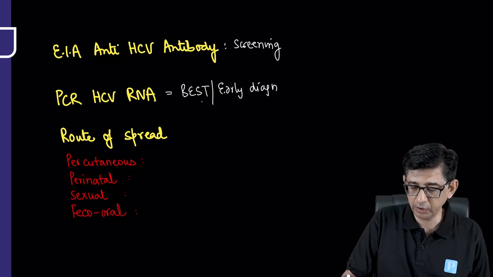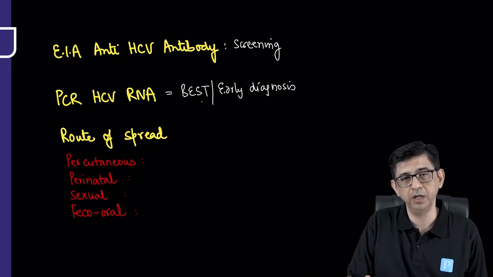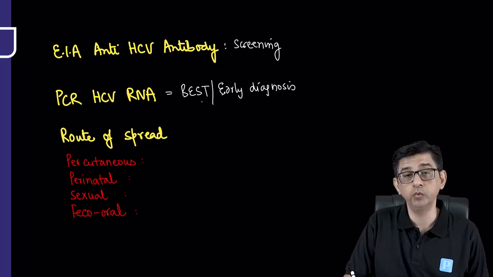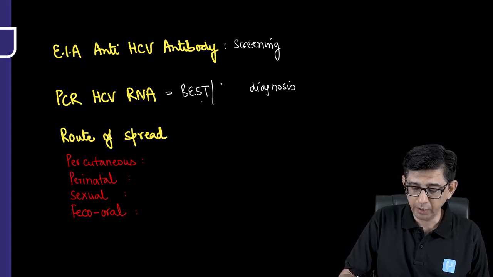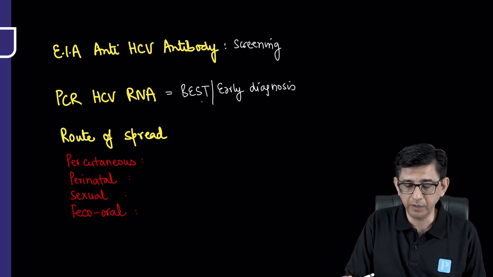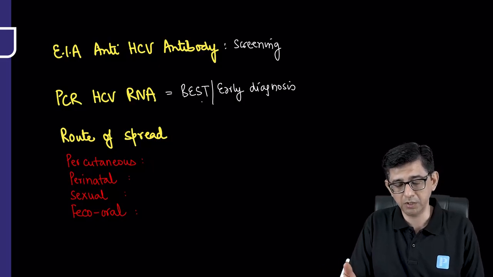Say a nurse or a doctor got a prick from a hepatitis C core antigen positive patient, a known case of hepatitis C. For early diagnosis within a few days of being pricked, if I tell a medical worker that the antibody will appear after 2 to 3 months, that guy is going to go crazy. So within a few days of an accidental needle stick injury, if a healthcare worker approaches me and asks whether they have got the disease or not, I'll suggest PCR HCV RNA.